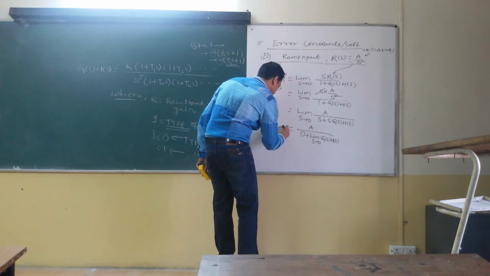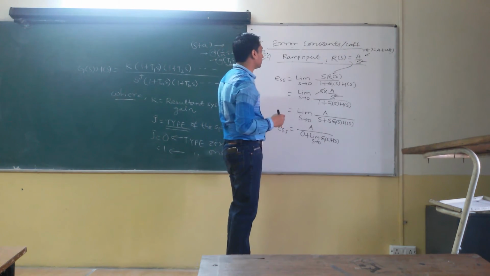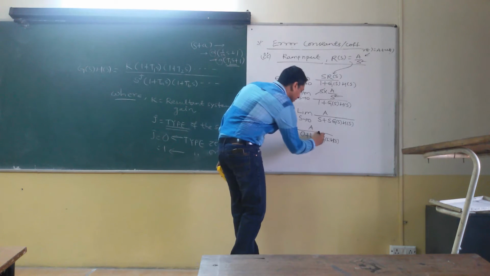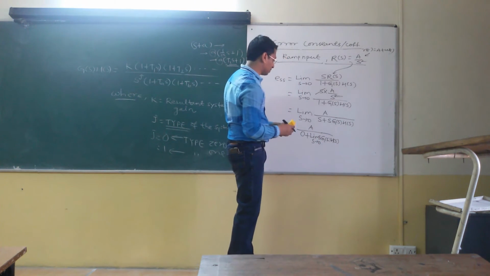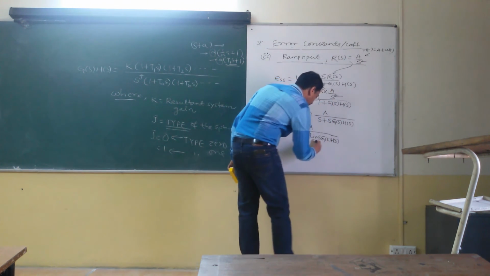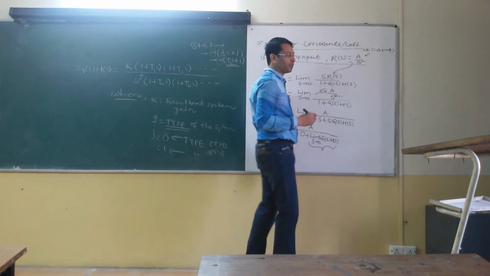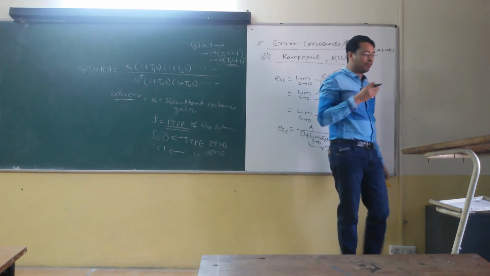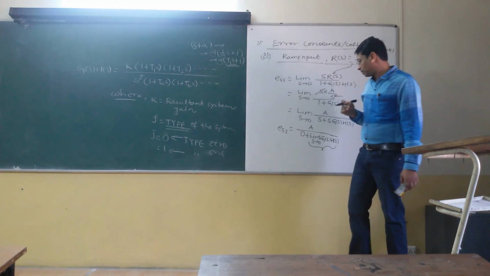So ess for your ramp input, I am going to name all this expression as Kv. Correct? So what you will get?